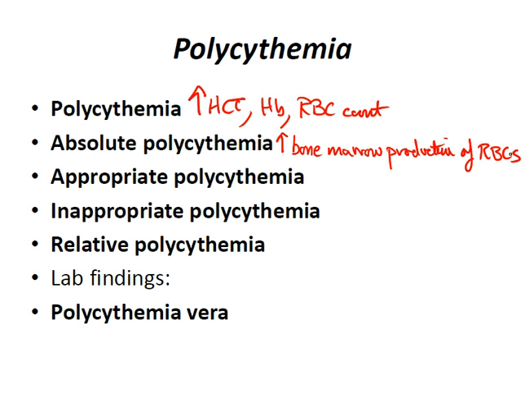Okay? An appropriate polycythemia is an RBC count that increases in response to chronic hypoxia.